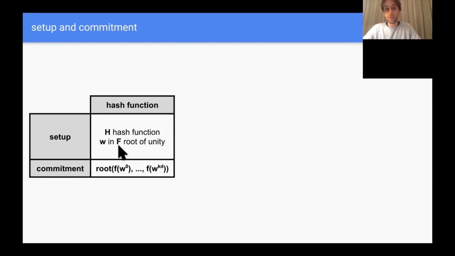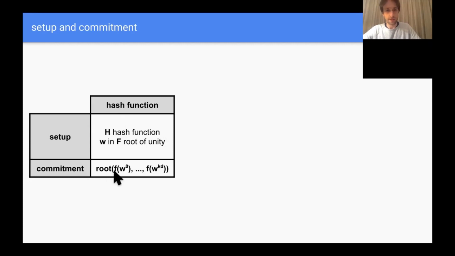So we're going to pick a subgroup of the field, which is going to be the roots of unity. Generally you want your field to have so-called high two-adicity, which means that it has a very large group of roots of unity. So w will be the generator, a primitive root of unity in the field, and this is your hash function. All of this is transparent. There's no trusted setup, nothing like that.